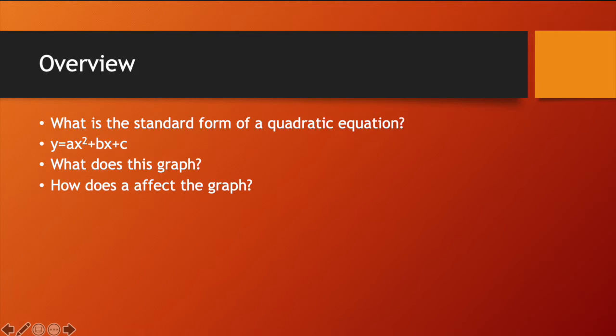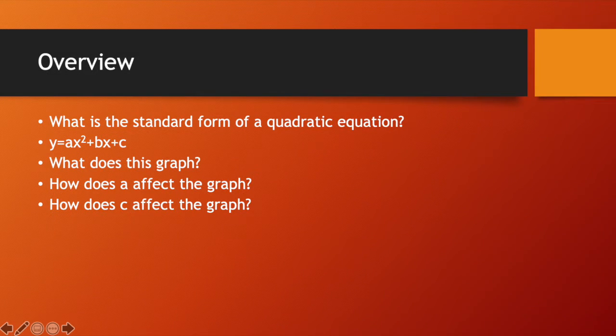How does the c value out here affect the graph? It's always the y-intercept of the graph. It always crosses there, because if x is 0, then the x terms go away, and y will equal c.